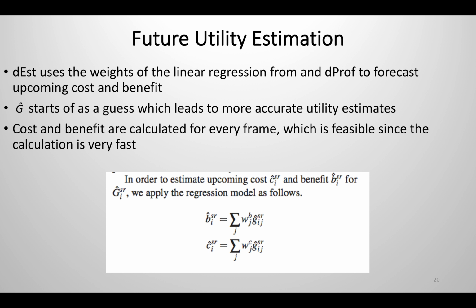We apply the regression model and calculate for each frame using this particular formula, where B cap and C cap are the benefits and costs for each frame. This is used for estimating the upcoming cost and benefit for G cap, which is a guess.